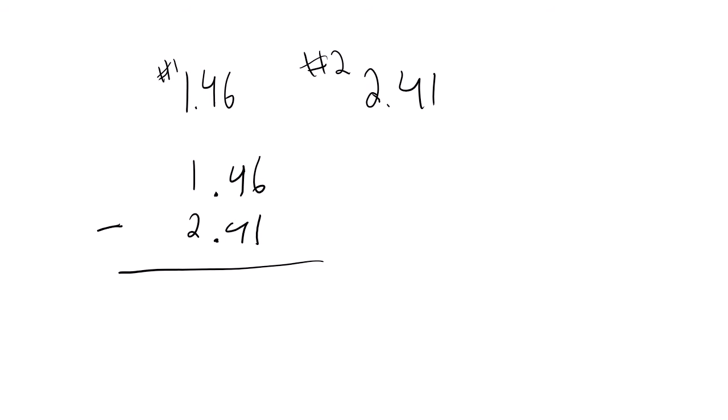Now, you see, this is why you need to watch the adding decimals video, because I'm going to assume you know how the decimals work, that you just leave it here, and that you need to align your decimals before you actually get into the problem, as I discussed in the previous video. But remember, we just draw our line and act like nothing's there then. 6 minus 1 is 5.